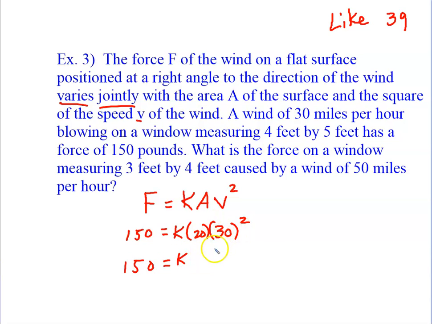All right, so if you have to, you can go to your calculator and do 20 times 30 squared. And that's 18,000. And then to solve for K, we're going to do 150 divided by 18,000. Now it's okay to get a decimal approximation, but that usually means that you're rounding and it's not quite as precise.